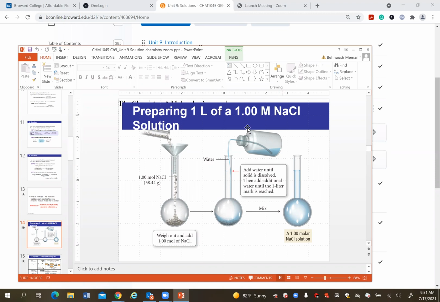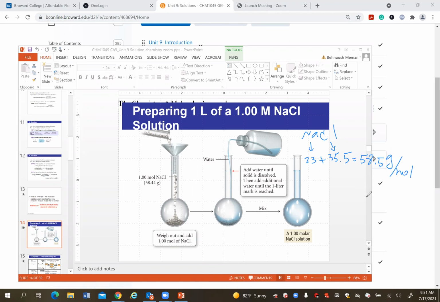This picture shows 1 molar solution of NaCl. Then we need to take our periodic table out. The mass for sodium is 23 in the periodic table, and Cl is 35.5. If I add these two, it's going to be 58.5 gram per mole.